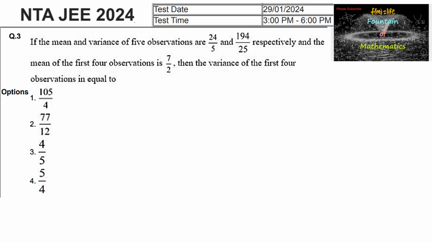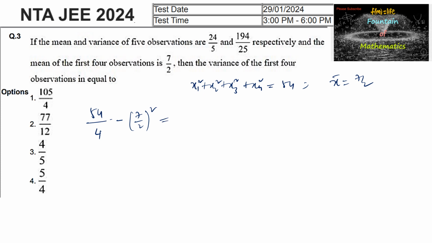Now the variance of the first 4 observations: since we have x1 square plus x2 square plus x3 square plus x4 square equal to 54, and the mean of the 4 observations is equal to 7 by 2. So we can write here the sum of the squares, that is 54 divided by n, that is 54 divided by 4, minus the mean square, that is 7 by 2 whole square, which is the new variance, that is the variance of the first 4 observations.